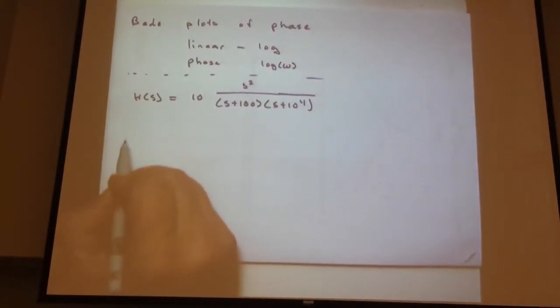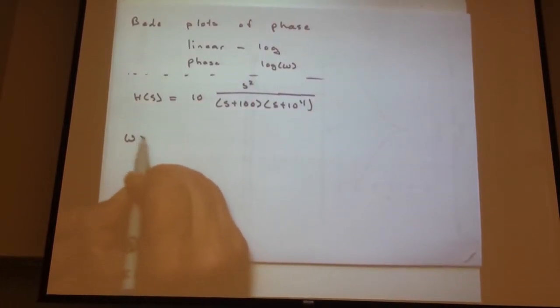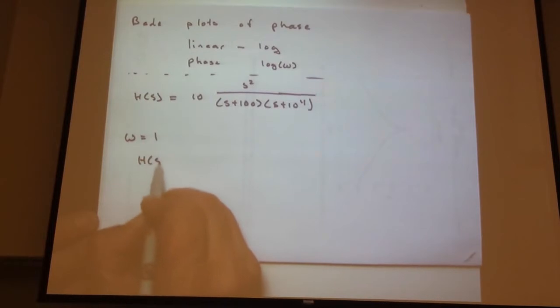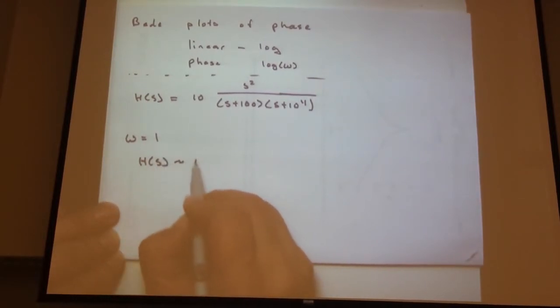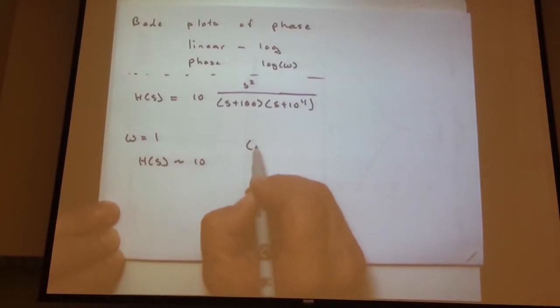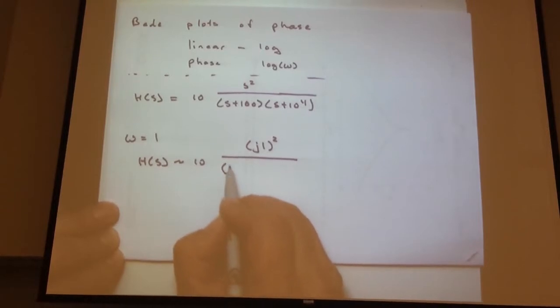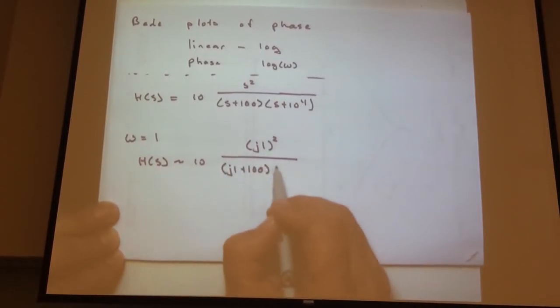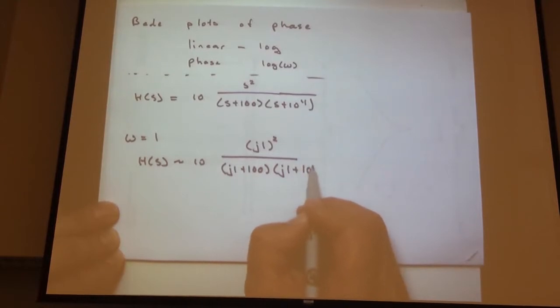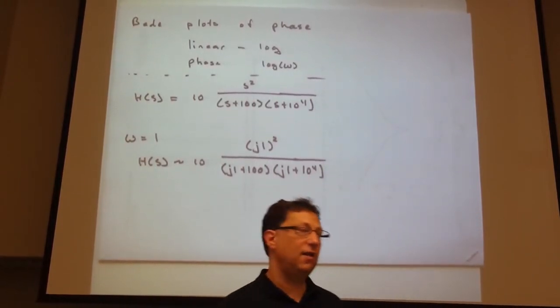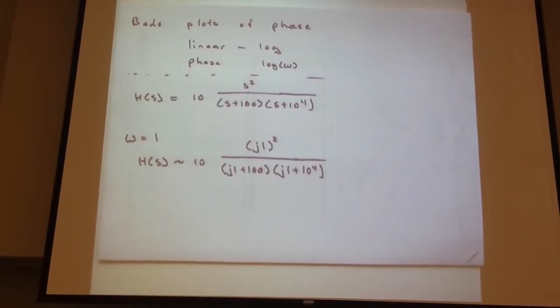So if we look at omega equals 1, well, ultimately H is approximately 10 out front, and we have (j1) squared over (j1 plus 100)(j1 plus 10 to the 4). Right? That would be what we would substitute in if we felt like doing this more rigorously mathematically instead of using the straight line approximation.